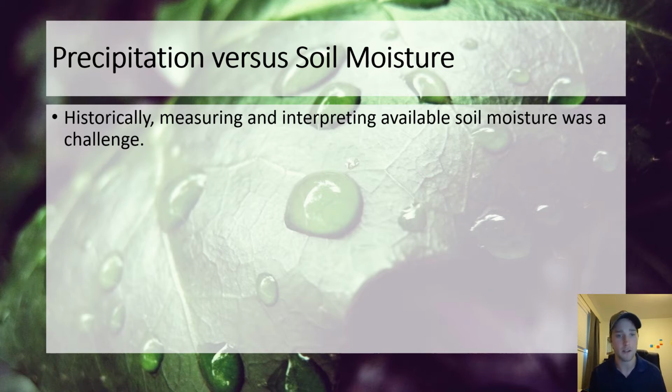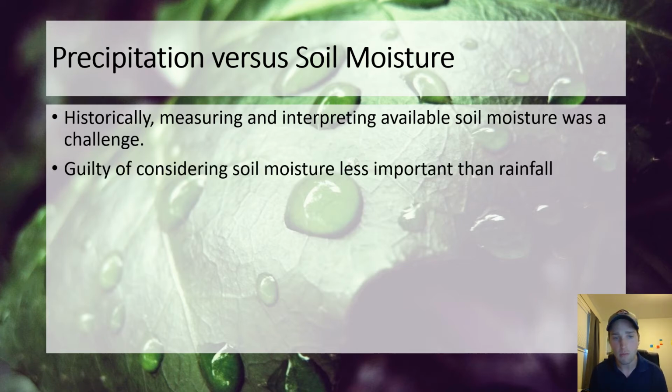You can't see in the dirt. So as per usual, we've taken the path of least resistance and focused on what comes out of the sky, because it's been a little tricky to quantify what's in your soil. And I think we have probably been guilty of considering soil moisture less important than rainfall. Again, due to those same reasons, we just paid a little less attention to how much moisture was in our soil. And I don't mean in that inch and a half when you're seeding.